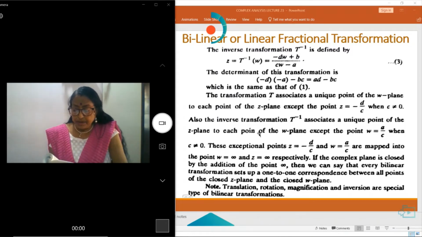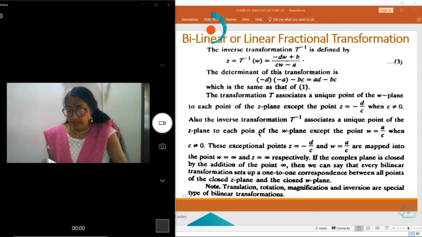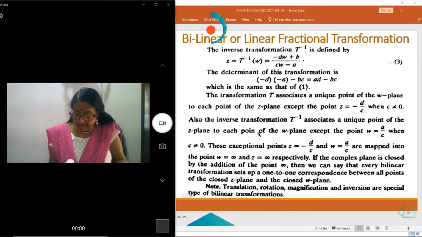The transformation tau associates a unique point of the W plane to each point of the Z plane, except at the point Z is equal to minus D by C.